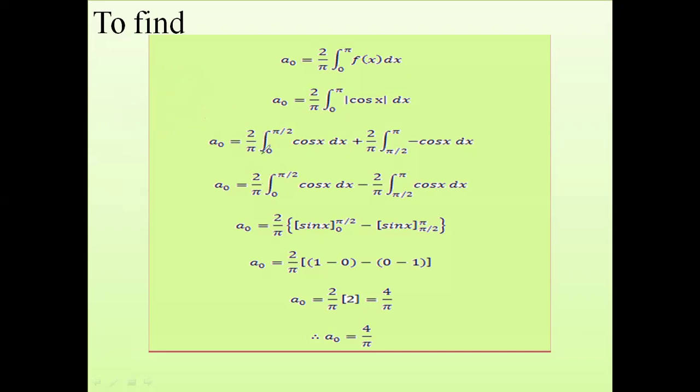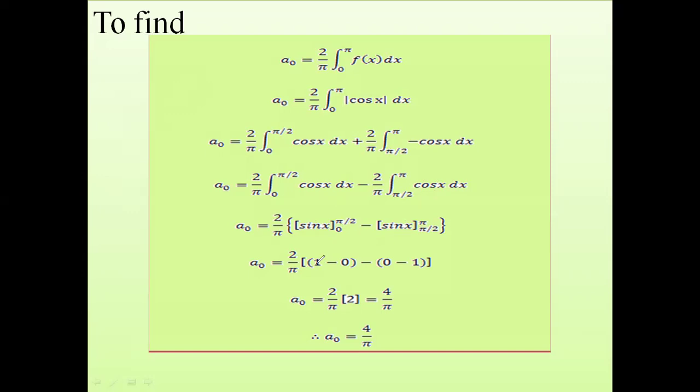a naught is equal to 2 by pi integral 0 to pi by 2 cos x dx plus 2 by pi integral pi by 2 to pi minus cos x dx. Now integrate: cos x integrates to sin x, and again here minus cos x gives minus sin x, with the limits changed.